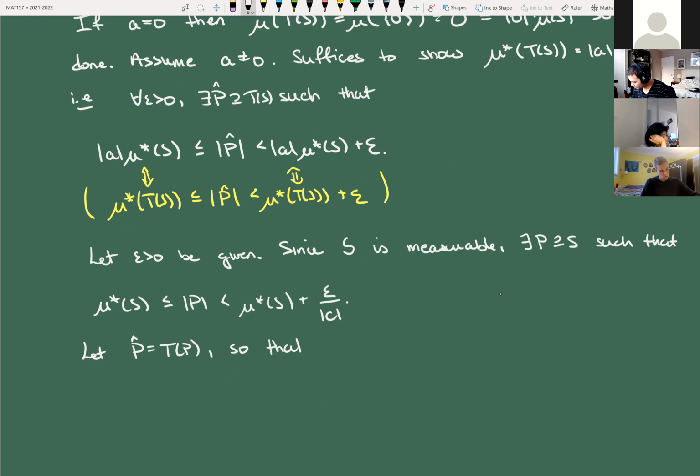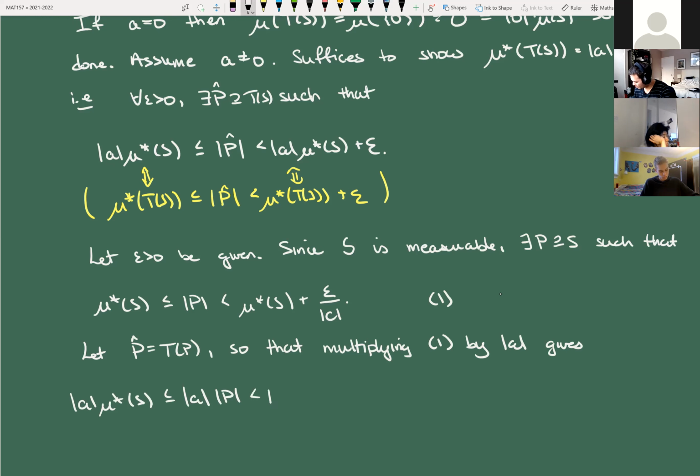So let me maybe label this equation, so that multiplying it by the absolute value of A gives what? It's going to give us A mu star S is less than or equal to A times P, which is less than A times mu star S plus epsilon.